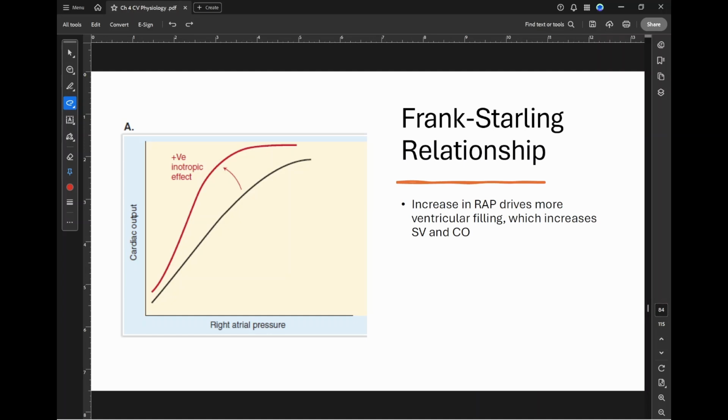But we also said the more blood in the heart stretches it. And what happens when that heart stretches? More forceful contraction. But in between that point, what is special about when the heart starts to stretch? What does it become more sensitive to? Calcium. So the bigger the stretch, the more sensitive to calcium we are, therefore the greater the contraction can be. That's why if you increase end diastolic volume, the contractility is also going to be improved as well.